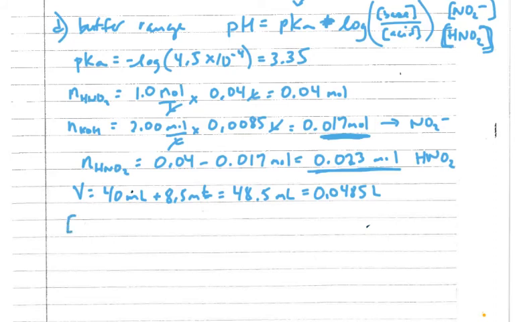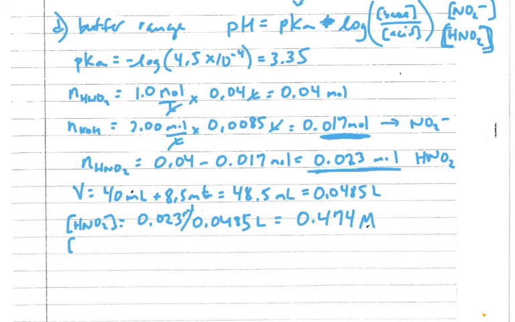Okay, so our concentration of acid, HNO2, is 0.023 divided by 0.0485 moles per liter. 0.023 divided by 0.0485 equals 0.474 molar, and the concentration of the NO2 minus is 0.017 moles per 0.0485 liters. 0.017 divided by 0.0485 is 0.351 molar.